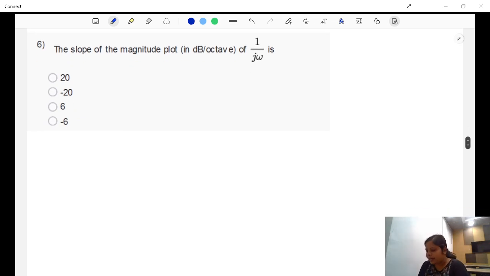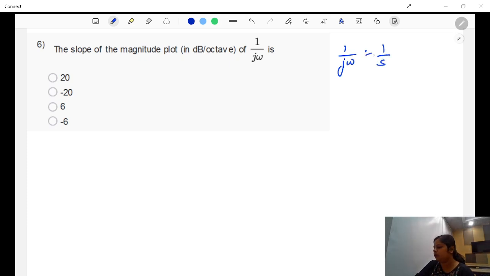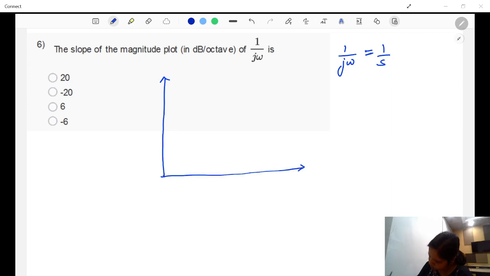Then, the slope of the magnitude plot in dB per octave of 1 upon j omega. 1 upon j omega is the same as 1 by s. We should know how to solve this.